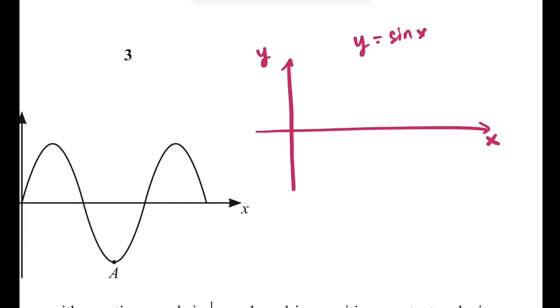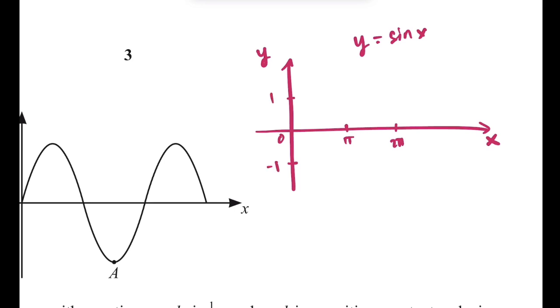If we have sine x, we all know that we start at 0, and then we have the intersection with the x-axis at pi here, and the other one here is at 2 pi. For trigonometric functions sine x and cos x, the maximum and minimum y value will always be 1 and negative 1, if it's the default function.